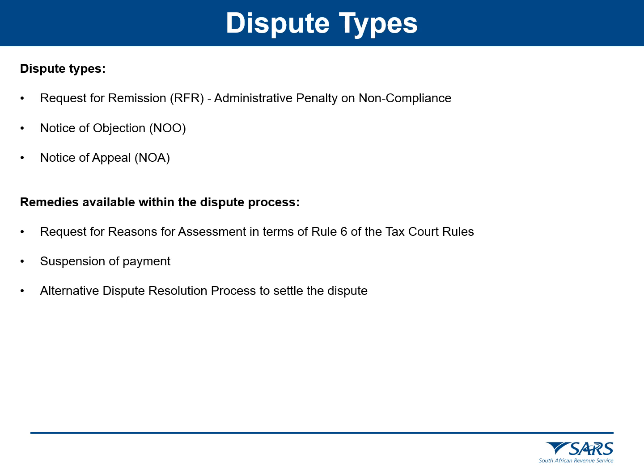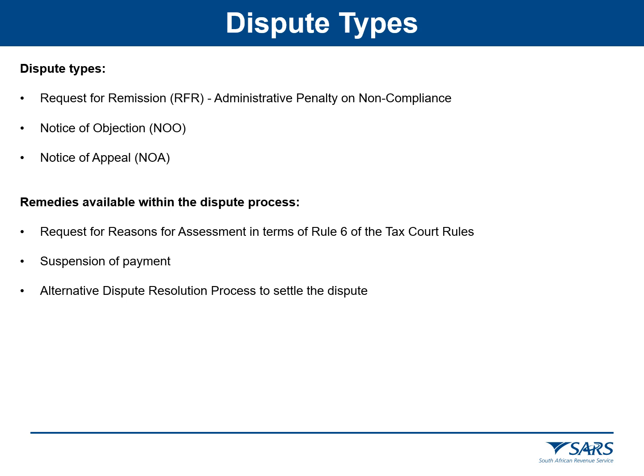What that means is it safeguards the taxpayer from skipping steps, which then delays the process. If you're filing for the first time, the first point of entry would be the request for remission, and then the notice of objection, and then the notice of appeal. You can't skip straight to the notice of objection or the notice of appeal. So e-filing will guide you in that sense.